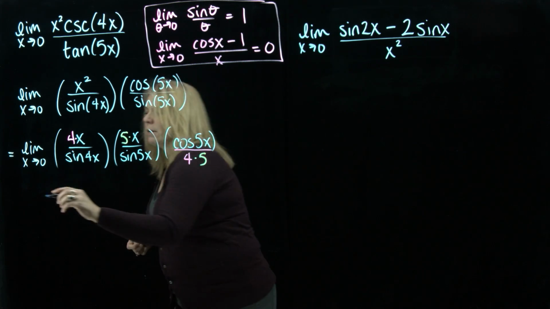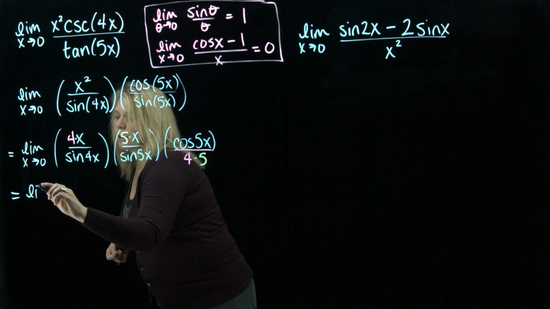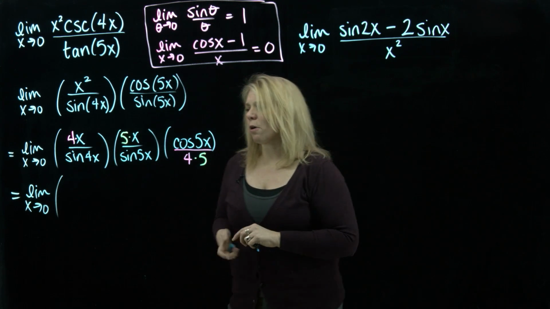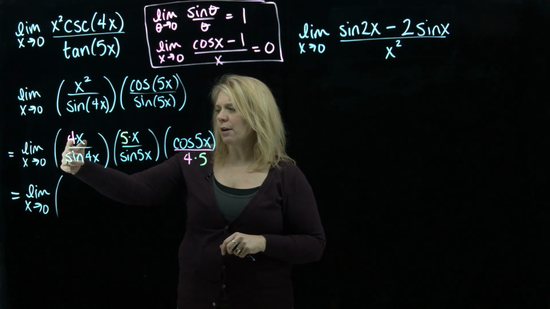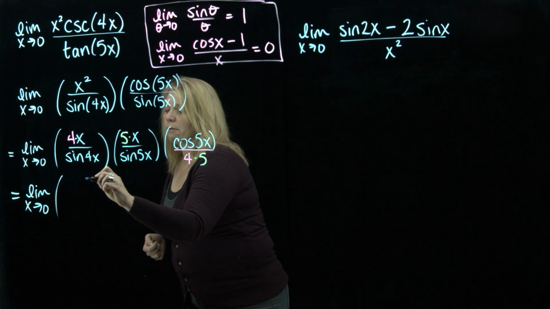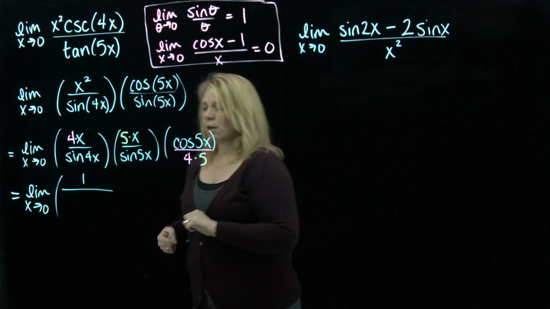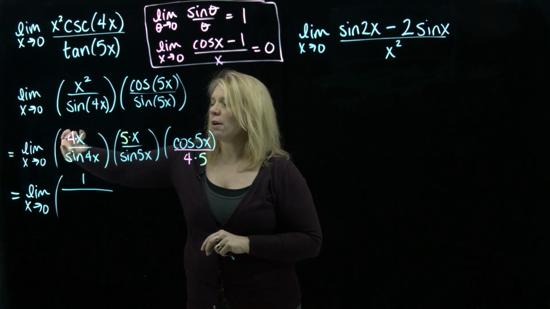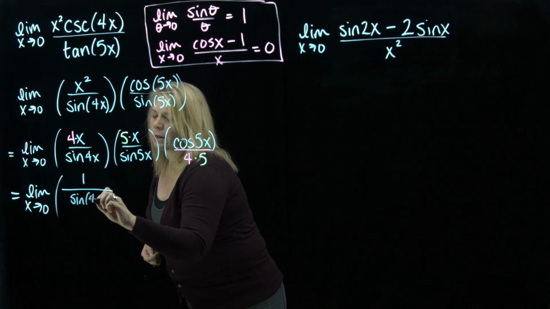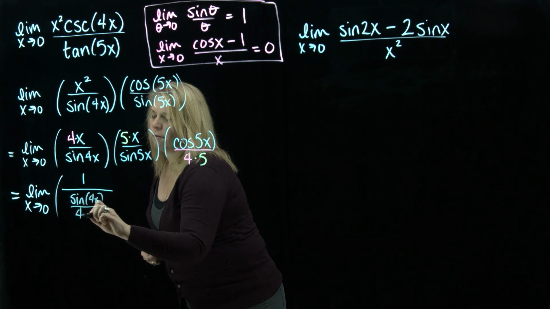All right, so I'm just going to use some more properties of algebra here. This is going to look more complicated, but when I want to flip a fraction upside down, what I really want is the reciprocal of that. So algebraically, we could write that as 1 over. So I'm writing 1 over the reciprocal of this, sine 4x over 4x.